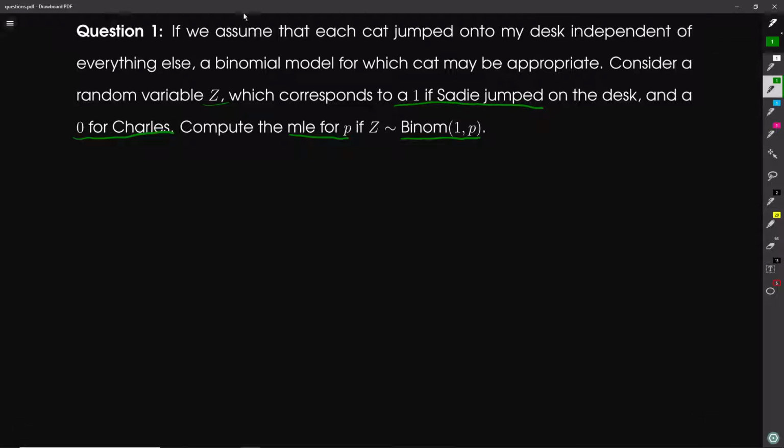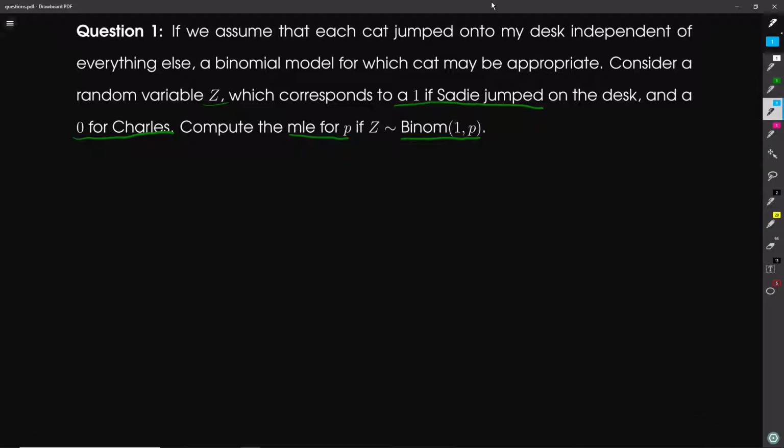And we're saying that this binomial model is appropriate so long as they're jumping onto my desk independently with a constant probability.